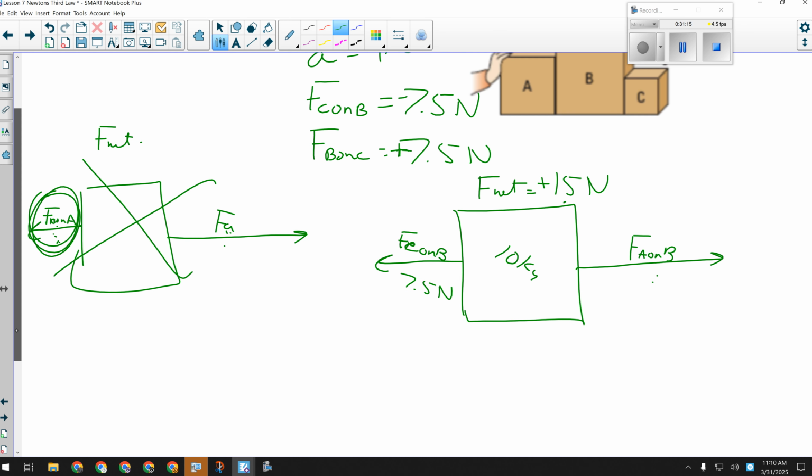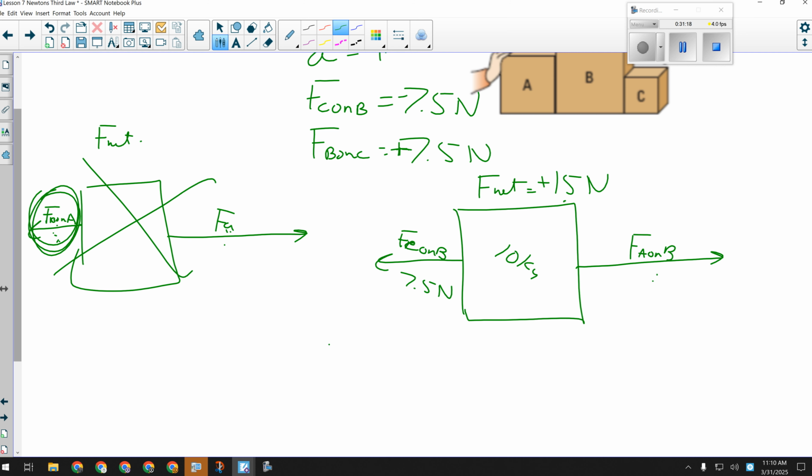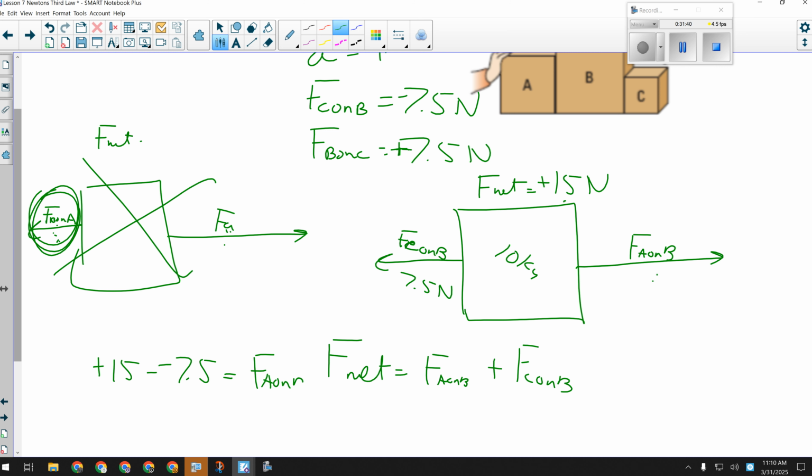Now that I've figured that Newton's third law part out, now F net equals the force of A on B plus the force of C on B. All I have to do is bring the force of C on B over, so I'll have positive 15 newtons minus negative 7.5 newtons equals the force that A exerts on B. So that's going to be 22.5 newtons forwards.